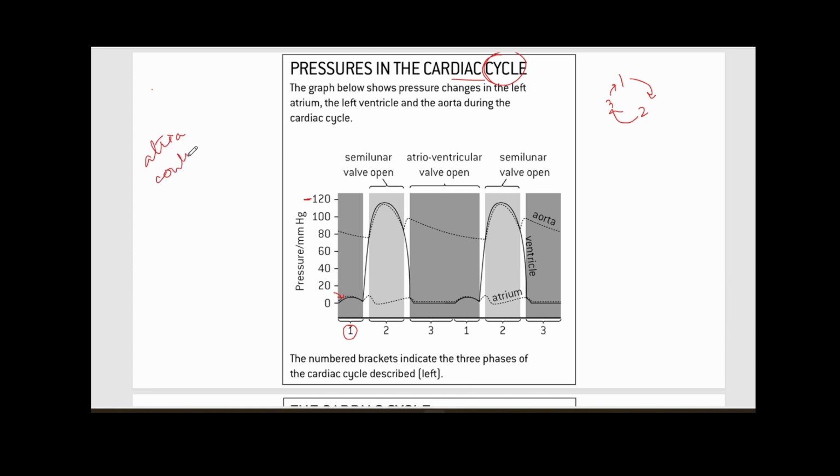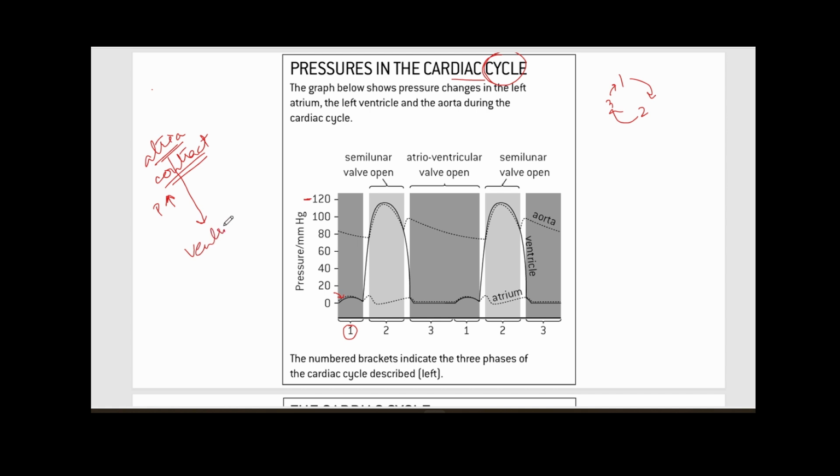When atria contract, what will happen? Whenever any muscles contract, the volume of the atria will decrease and the pressure will increase. When the pressure increases, because atria is connected to the ventricle, blood will be forced into the ventricle.